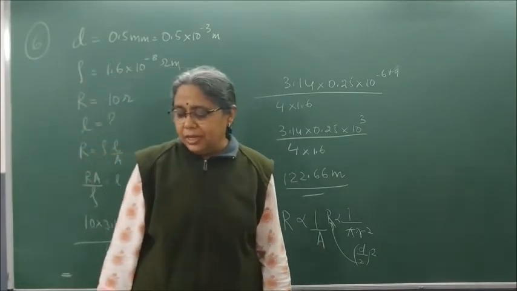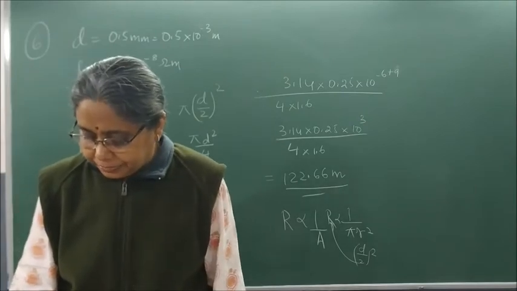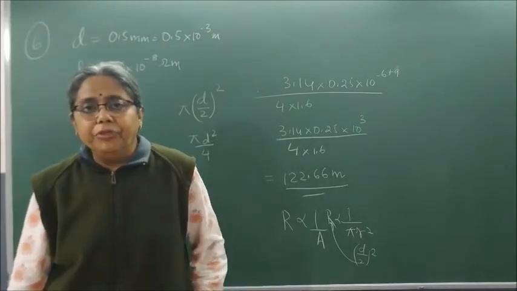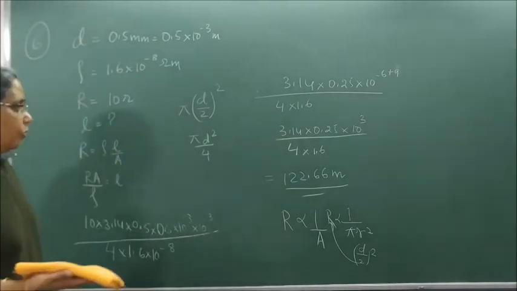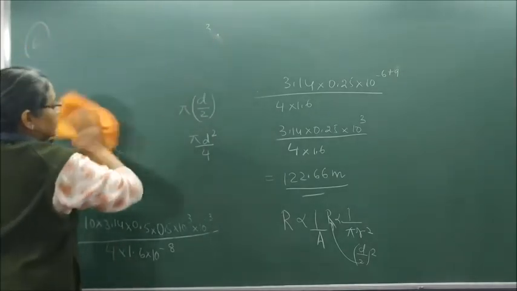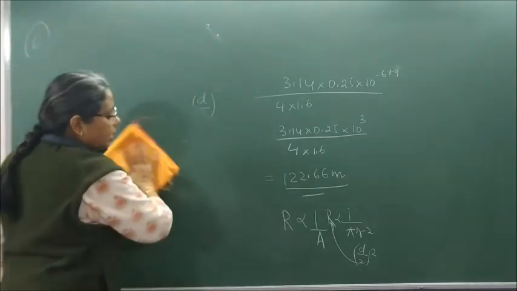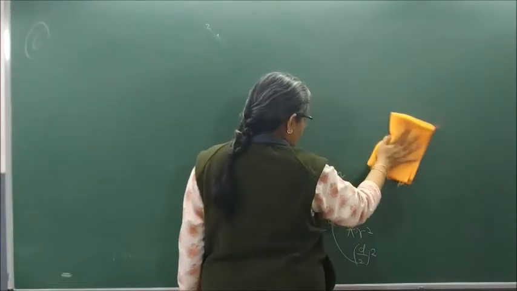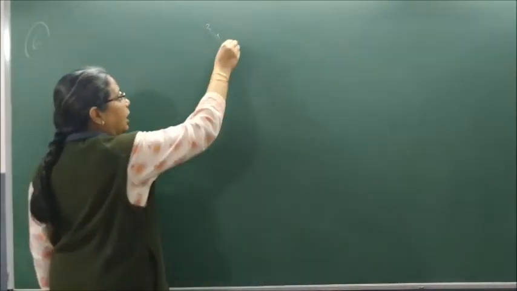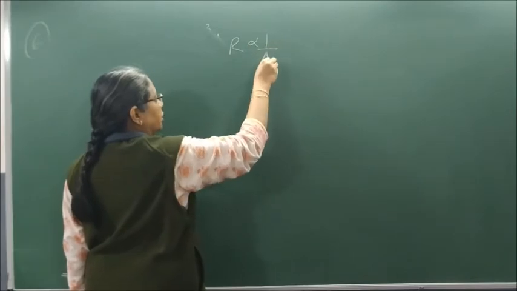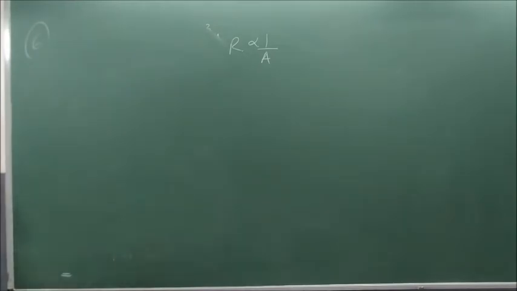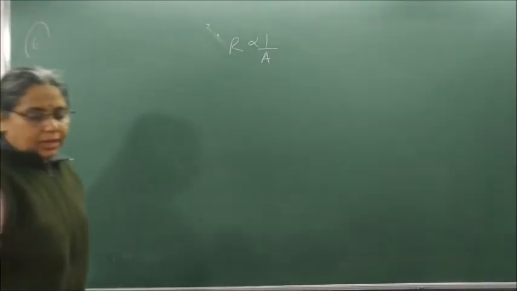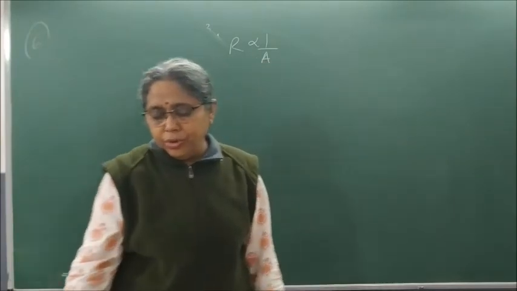If the diameter is doubled, resistance becomes 1/4, as R is inversely proportional to A.